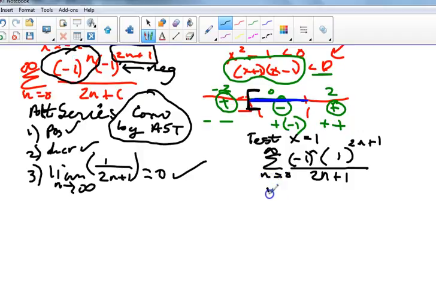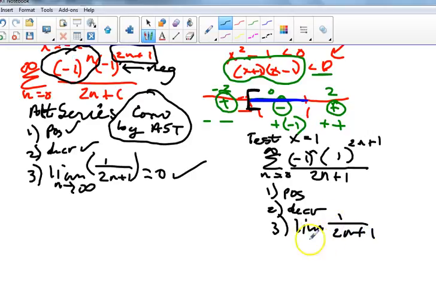I got to make sure that it is positive, that it is decreasing, and that the limit is 0. So the limit of 1 over 2n plus 1. Notice I'm ignoring the -1 that's flipping the signs back and forth. I don't care about that. I got to make sure that that's equal to 0.